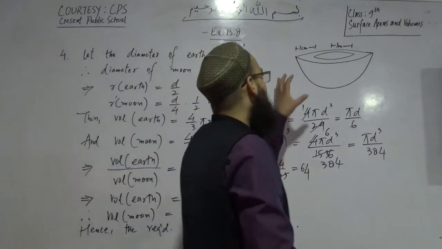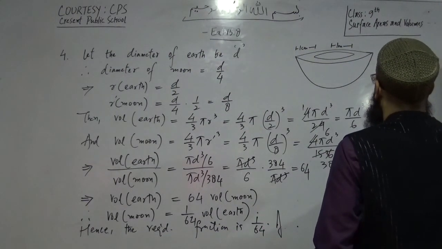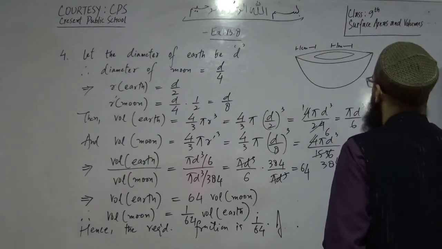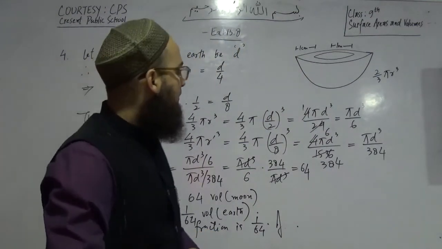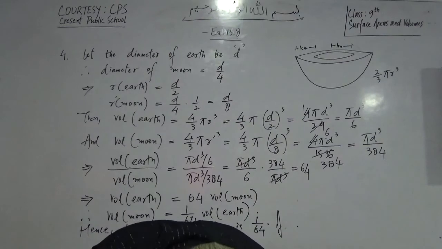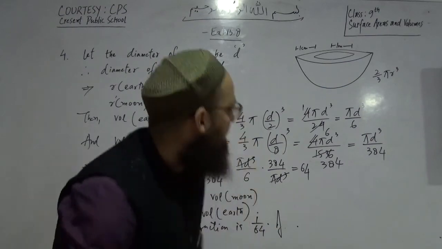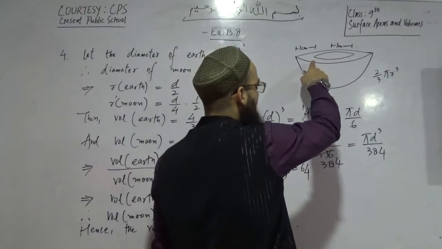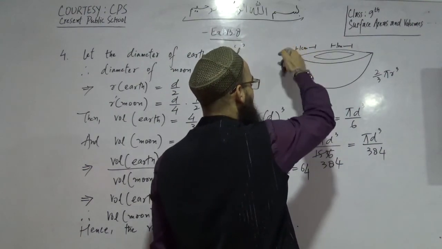Now you need to find the volume of this. Volume of this is 2 by 3 pi r cube. Now for this r, you'll go for inner and outer. This is the thickness, and by this thickness you'll find the outer radius.